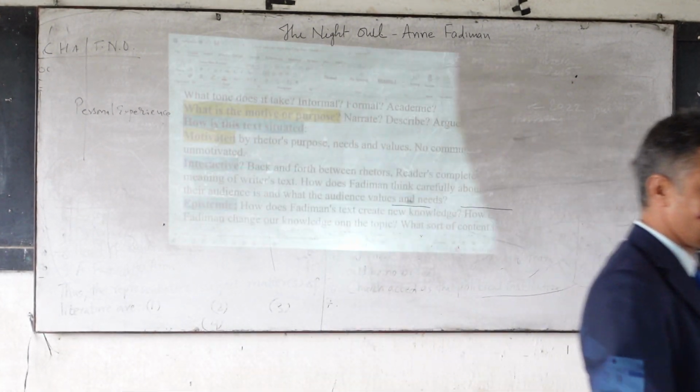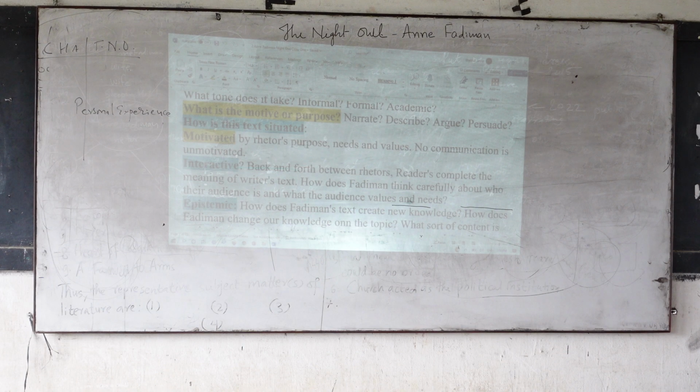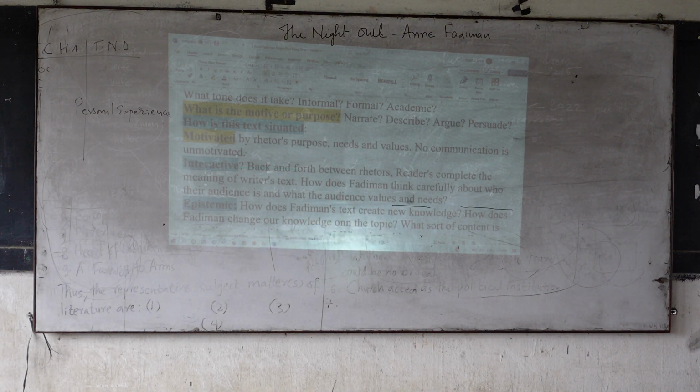Motive is, look, this student who left earlier, she has a very strong motive for earning. So she is ready to quit class for money. Now, the money motive in her case is stronger than academic motive.